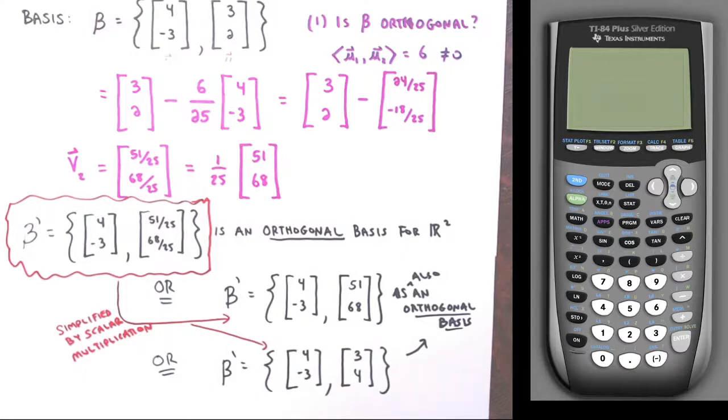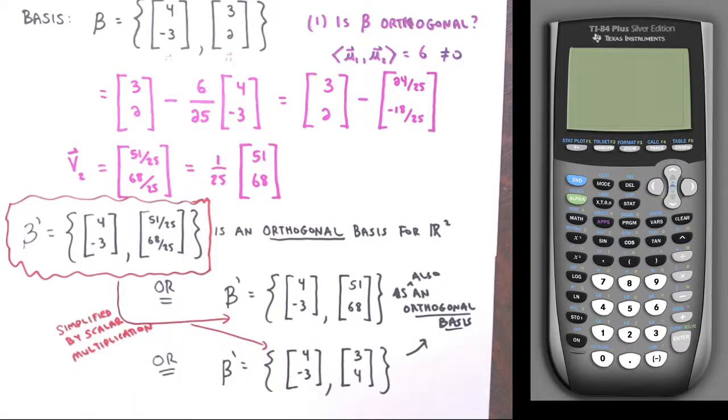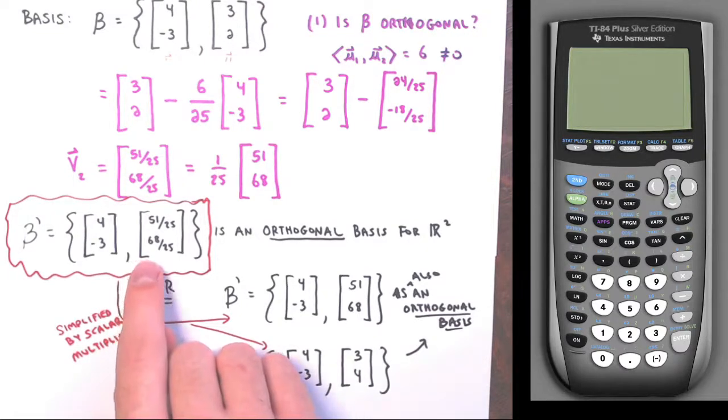But if you're ever asked on a test or something, a lot of people, when they examine you on this stuff, tend to want to have you come out with the same answers, so it's easier to check. So if they said, hey, use the Gram-Schmidt process to find an orthogonal basis for R2 here, this is what I'd come back with.